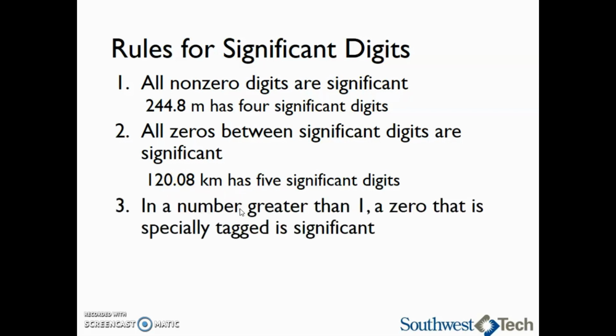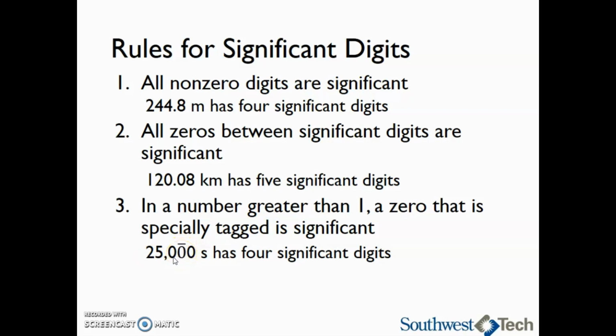Rule number 3 tells us in a number greater than 1, a zero that is specially tagged will be significant. So when we're saying specially tagged, we're talking that it has a little bar over the top of it. So in this number, 25,000 seconds, the 2 and the 5, those are both non-zero, so they're significant. This 0 is specially tagged, so it is also significant.